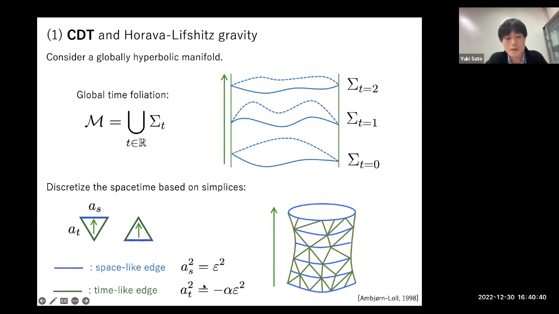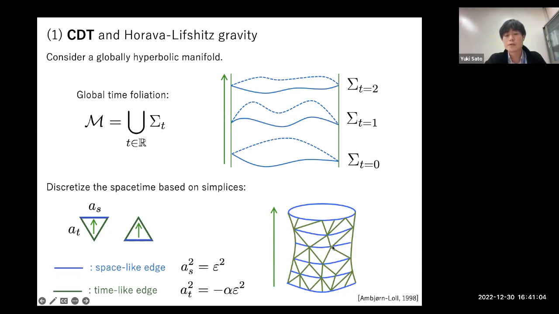On the other hand, if you take the lattice spacing squared for the time-like edge, you have a negative value. And this parameter alpha is taken to be positive. It's a certain parameter. Okay, so if you discretize a foliated space-time based on such kinds of triangles, you have this kind of triangulation.